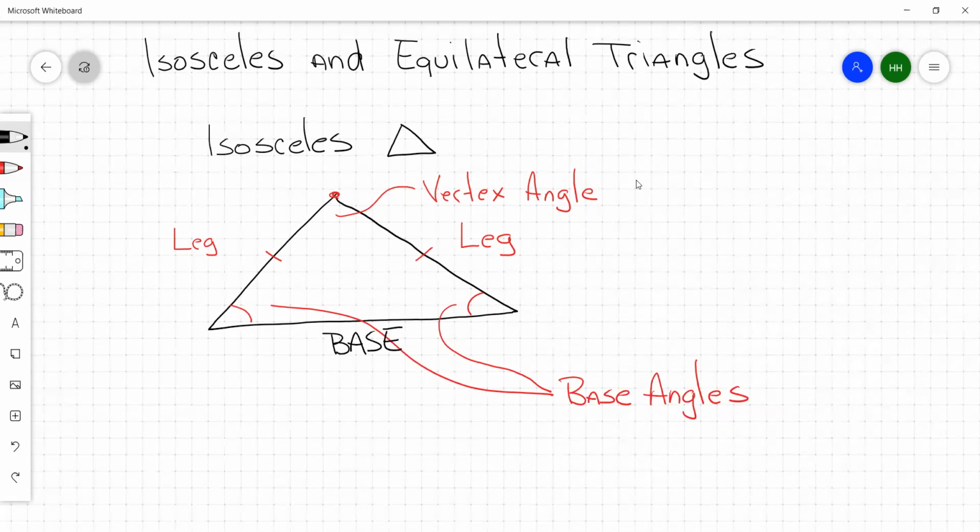And then there's a theorem related to an isosceles triangle.